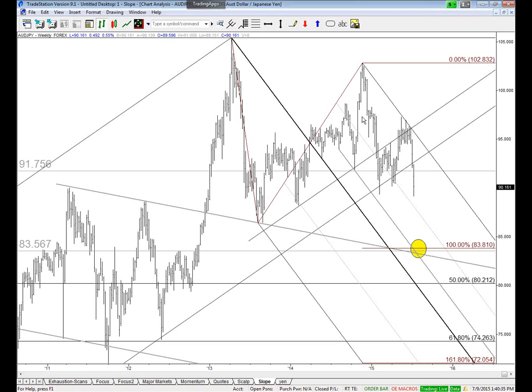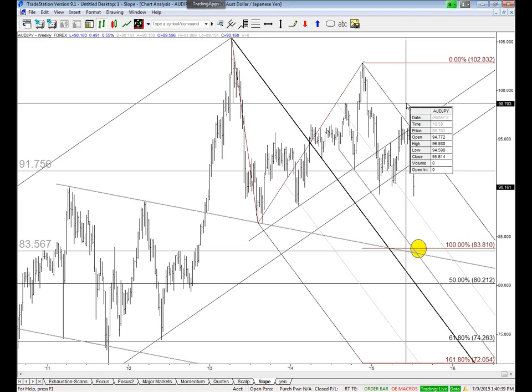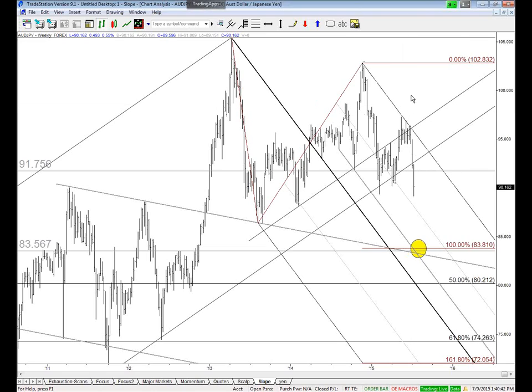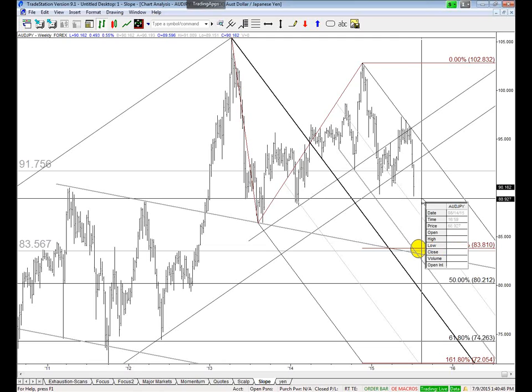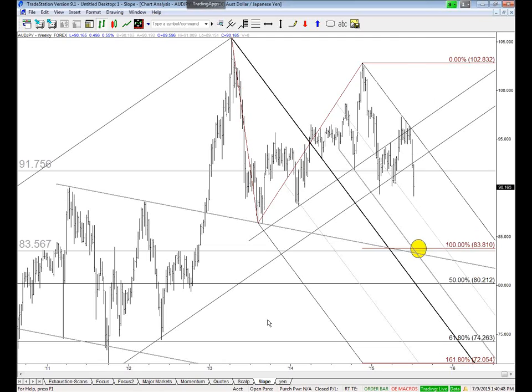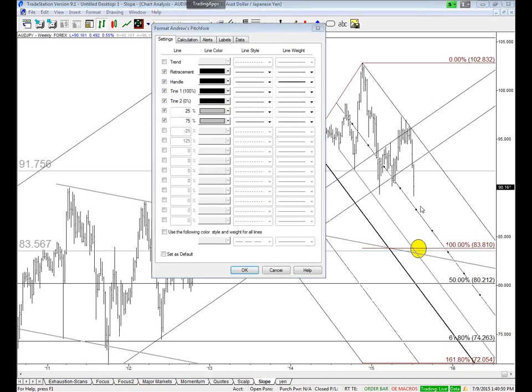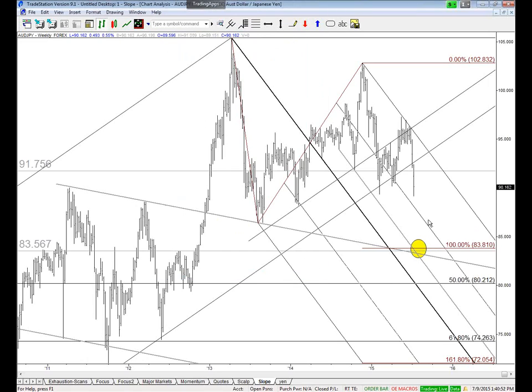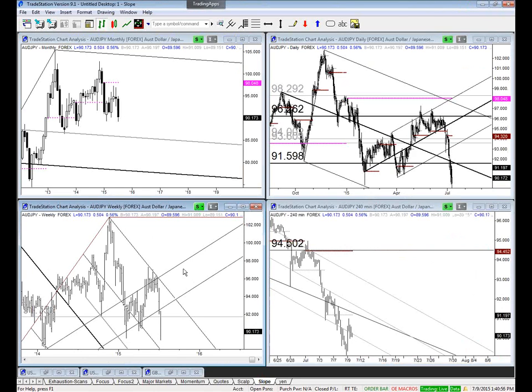And since then, you can see the upper parallel called the resistance back here in very early June. And since then, obviously, Aussie yen's come off significantly. So the target for this, 2 legs down, would be your first big support, and that is near 83.80. Okay. So again, that's the weekly chart.